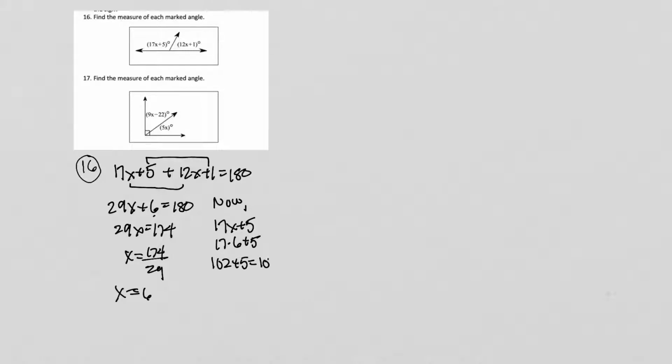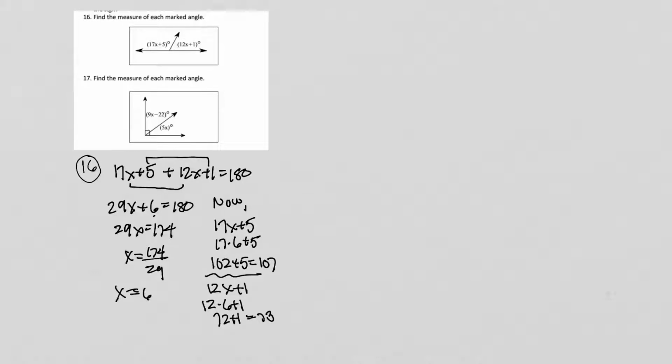That gives us 107. And then if we put the x in here, that's going to be 12x plus 1. We'll get 12 times 6 plus 1, 72 plus 1, that's 73. And if we add these, can you see we're going to get 180?